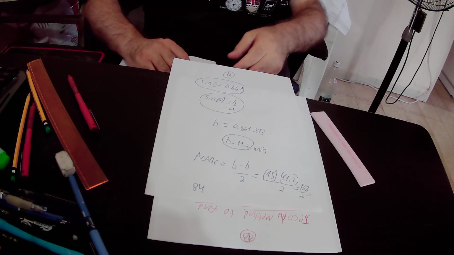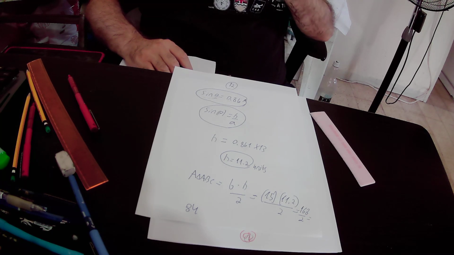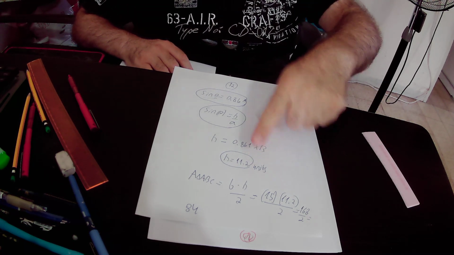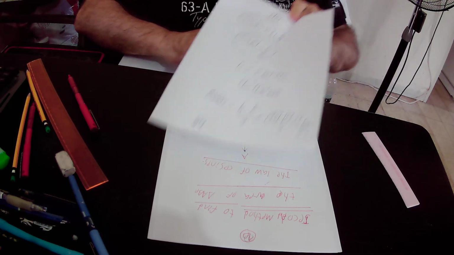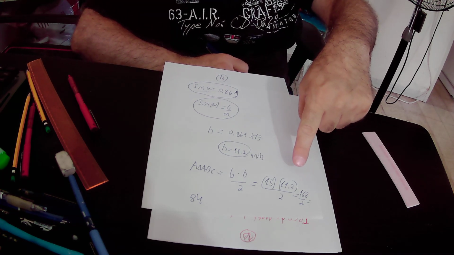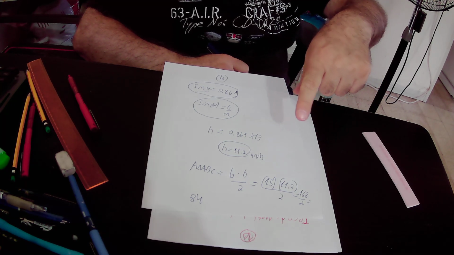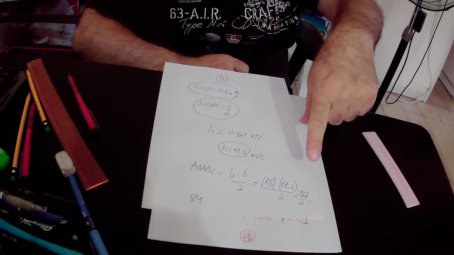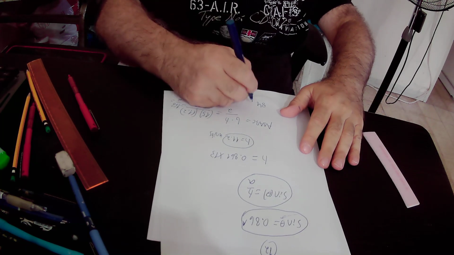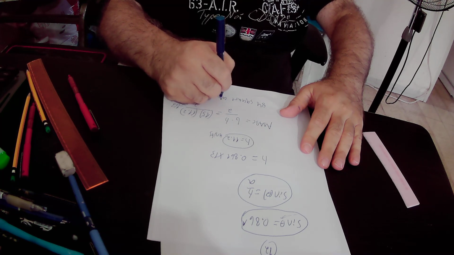So the area of triangle ABC equals the base of triangle ABC, that is B, times the height, that is h, over 2. The base is 15 and the height is 11.2. So the area of triangle ABC is 168 over 2, that is actually 84 square units. So we found out that the area of triangle ABC equals 84 square units.